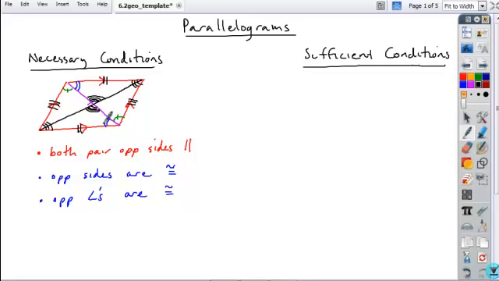Yeah. So you know that these two triangles here and here are congruent. Therefore, we can label their corresponding pieces. This side right here corresponds with this side. This side right here corresponds with this side.